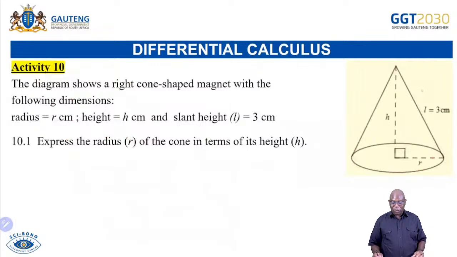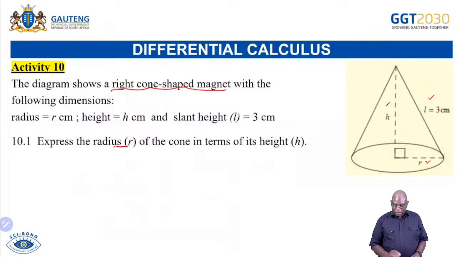So in this case, I've chosen where we get a sketch given. The cone has been given there. It's a right cone with the following dimensions. The R is given, that's the radius. We have the L, which is the slant height. We have the H, which is the height of that cone.